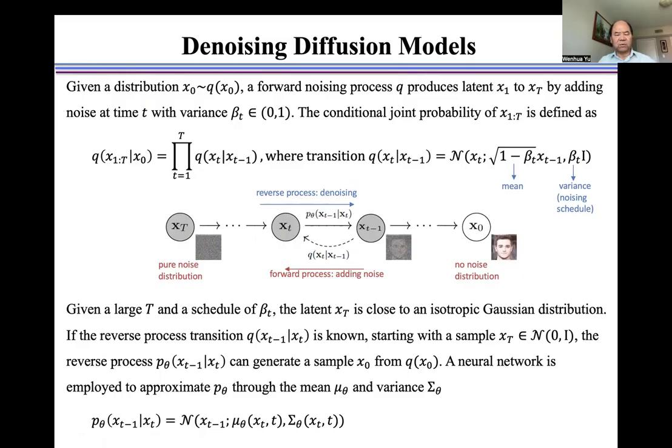If the reverse process transition Q is known, starting with a sample Xt from a normal distribution, the reverse process P theta can generate a sample X0 from Q. A neural network is employed to approximate P theta through the mean mu theta and the variance sigma theta, as shown here.